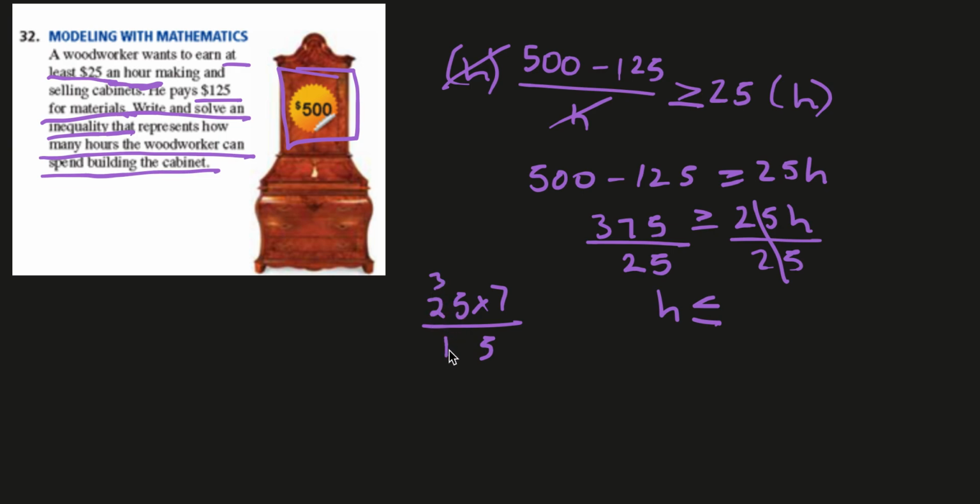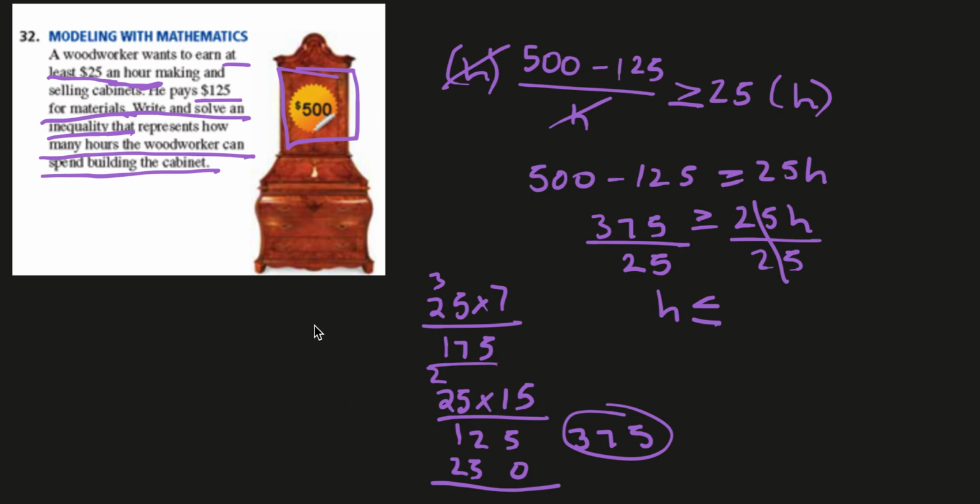Yeah, this is not enough at all. It's going to be greater than 10. So let's try 15 maybe. 25 times 15, 375. Yeah, this is it. Okay, this is our answer. So 15 is our answer.